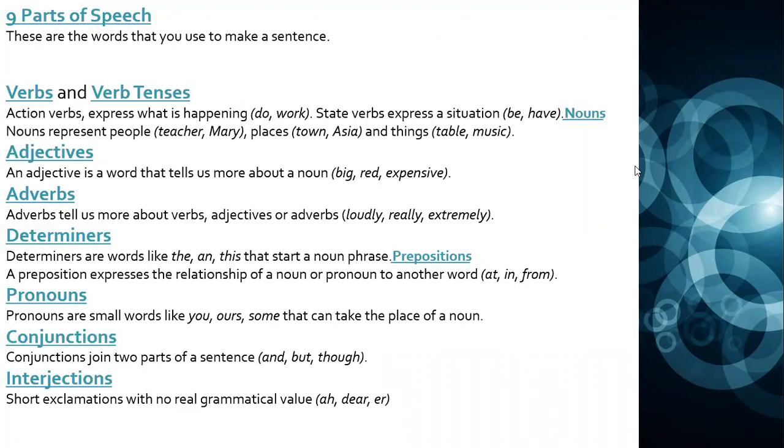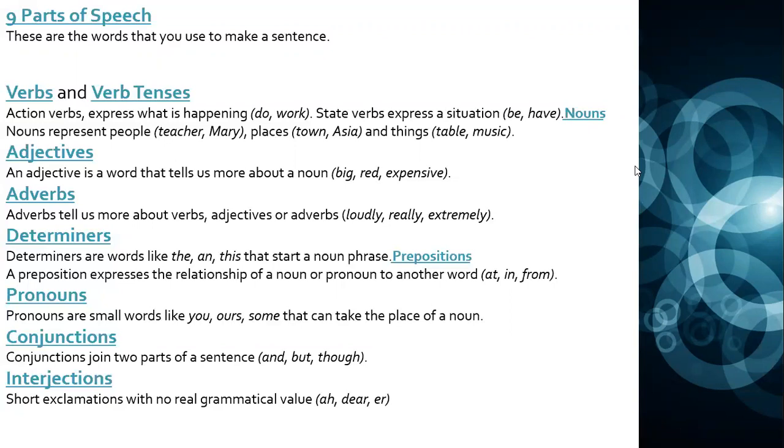Determiners. Determiners are words like the and this. This starts the noun phrase. Prepositions. A preposition expresses the relationship of a noun or pronoun to another word: at, in, from. So the, and, this are determiners. Prepositions are at, in, from. I am from Gloversville, New York, right? I am from Albany.